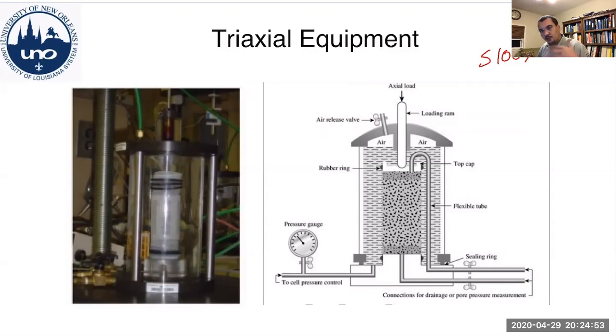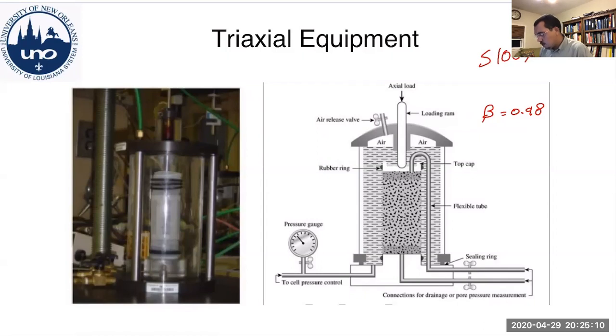So you kind of dissolve all the air inside the sample, and you try to get a B value to 0.98. And what a B value is, it's a pore water pressure coefficient.